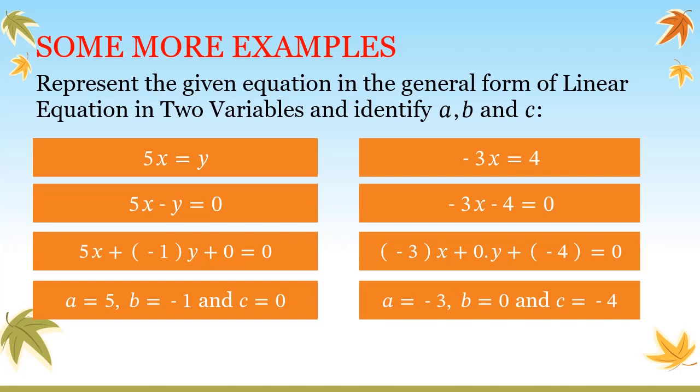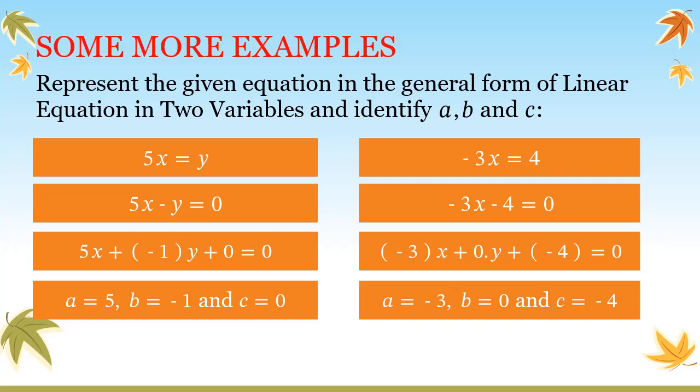Now look at another example at your left hand side. It's 5x equals y. Transpose y from RHS to LHS. It becomes 5x minus y equals 0. Now you are wondering that there are only two terms. The third constant term, that is c, is missing, right?